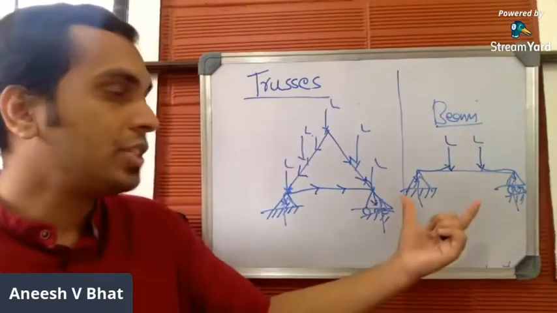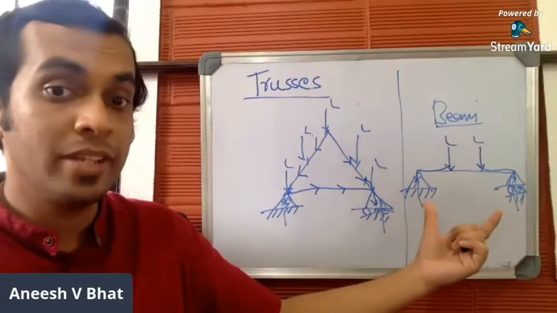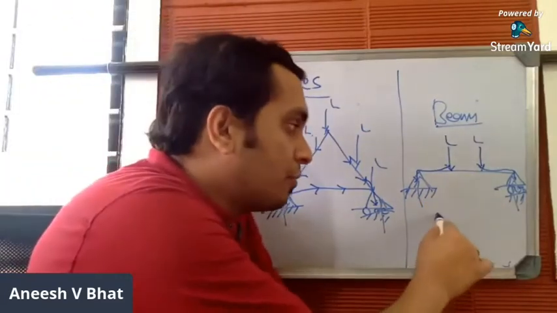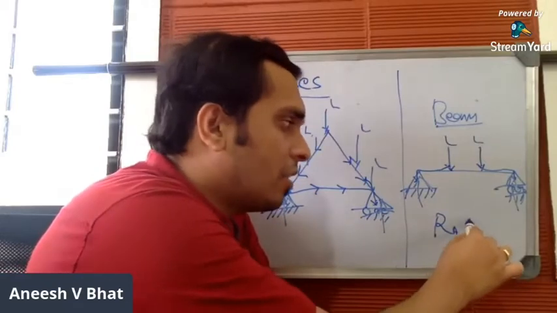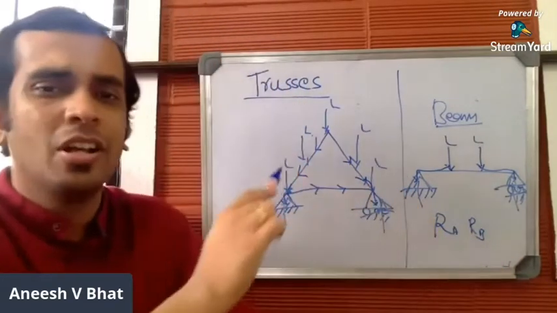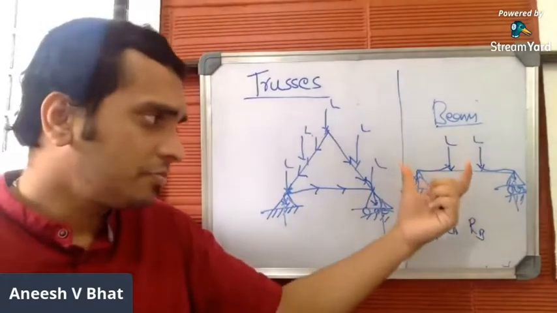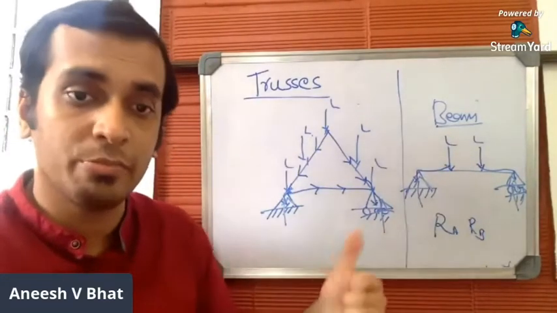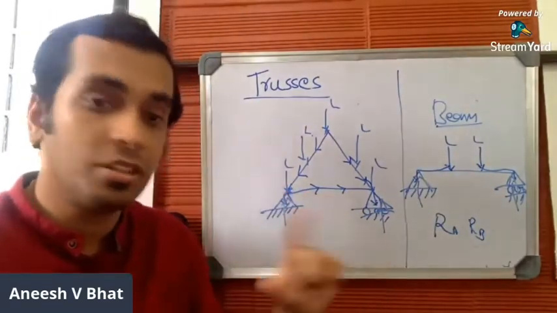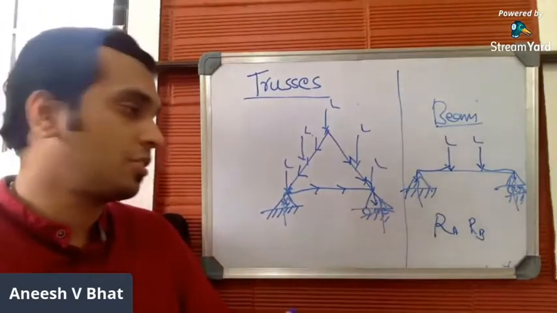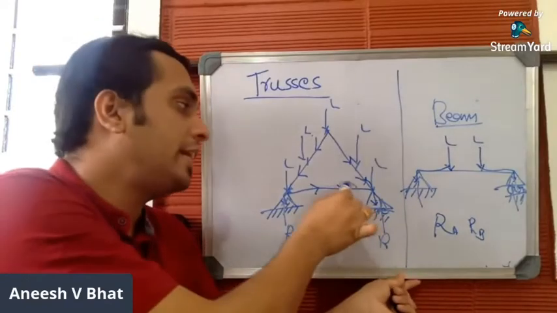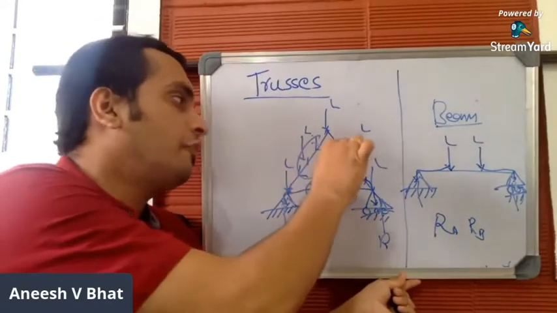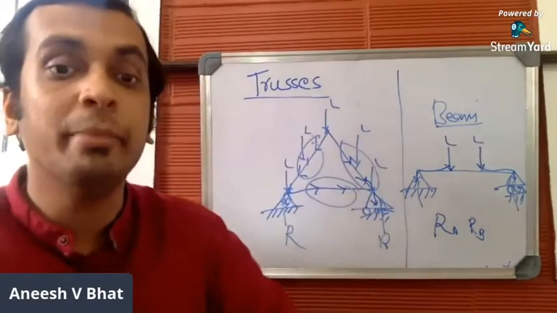When loads are transferred to the support, it will offer support reaction. So in the case of beams, in the previous part, it was enough if you calculated only the support reactions, RA or RB. But here, in the case of trusses, it's not sufficient. Support reactions are necessary, but along with them you have to find all the forces which run through all the straight members.